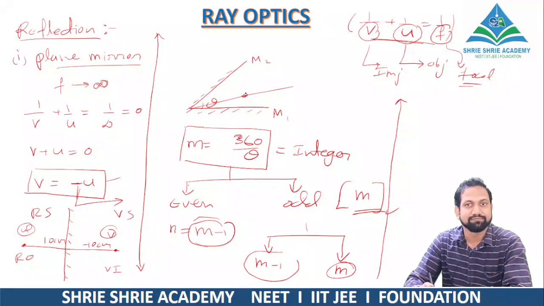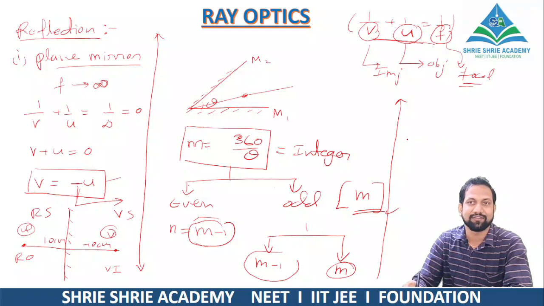Next, coming to the plane mirror case, one more thing we can have is the deviation suffered by a light ray in each reflection. Remember, the deviation suffered by a light ray in each reflection is 180 degrees or pi radians minus 2 times the angle of incidence.